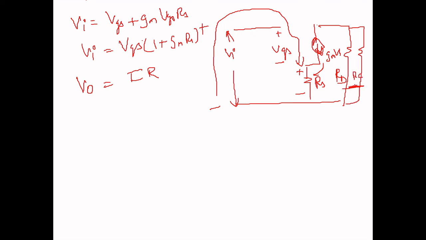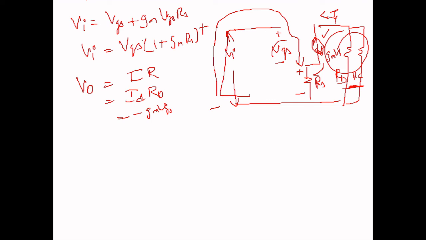So this will be parallel. So V naught will be ID into the overall output resistance. ID is nothing but minus gm VGS, that you know is your ID. For your output resistance, you want to short circuit this loop, so this will become 0 and this will become 0, so that this RD will be parallel to RL. So that is your output resistance that you have calculated.